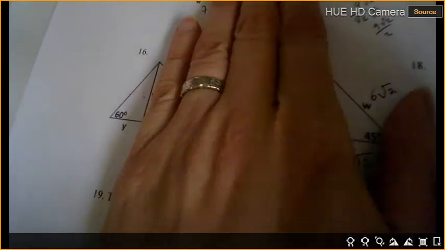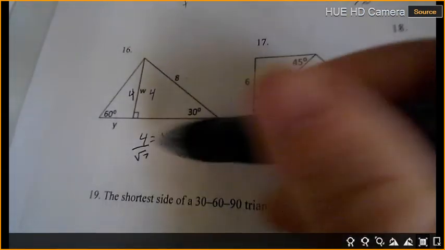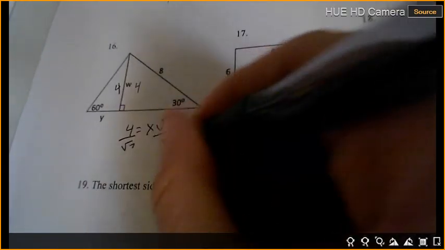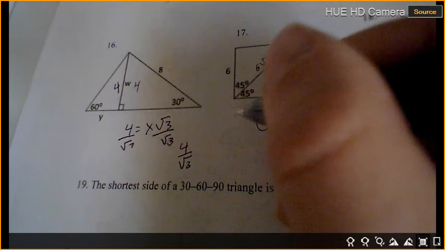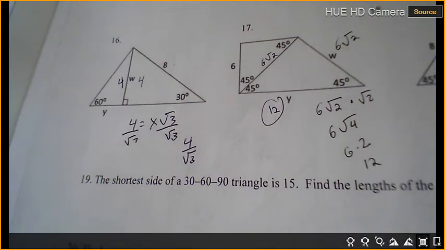Do you see this smaller triangle right here? Do we agree 4 right here is that middle side, which gives us x square root 3? So I divided both sides by the square root 3, and I get 4 over the square root 3. Can't have square root 3 on the bottom.